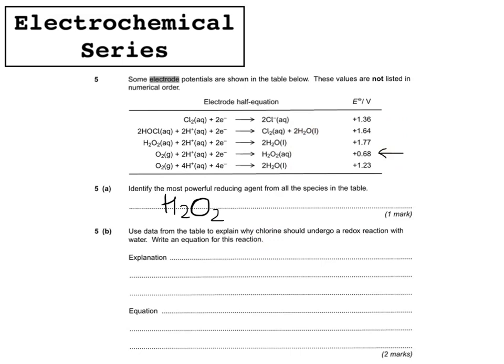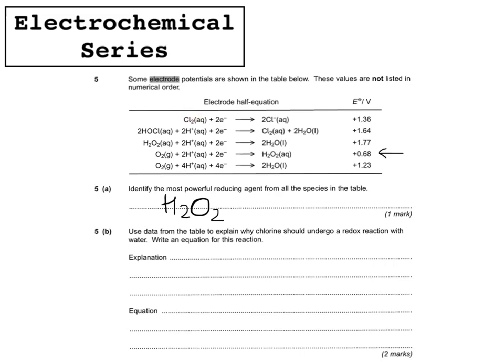You've got to make sure you choose the correct two half equations to show this happening. The two that you need to choose are where the chlorine is being turned into something else. So we can either have the chlorine here being reduced or the chlorine here being oxidized.